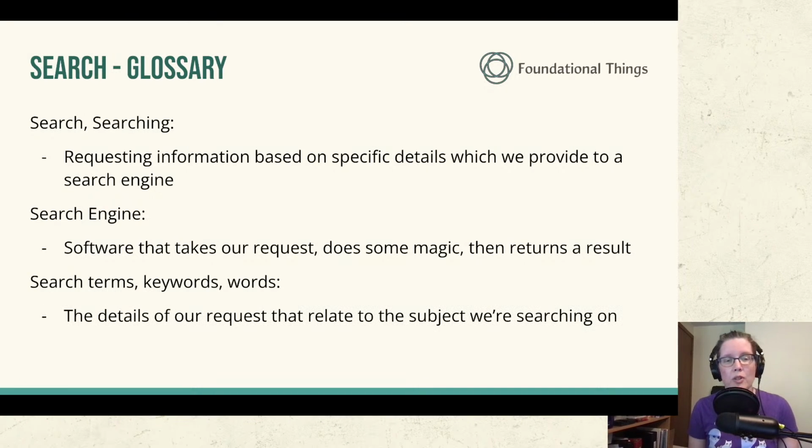And what are search terms or keywords? These are the details of our requests that relate to the subject that we're searching on. So when you type something in to google.com or google.ca in my case often, those words that you're typing in usually are your keywords or your search terms.